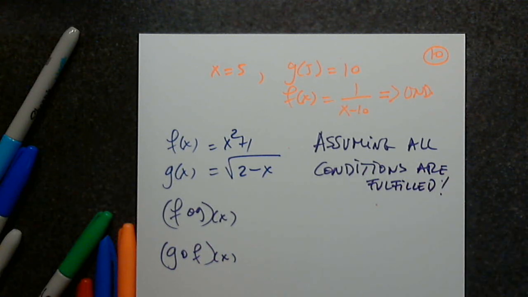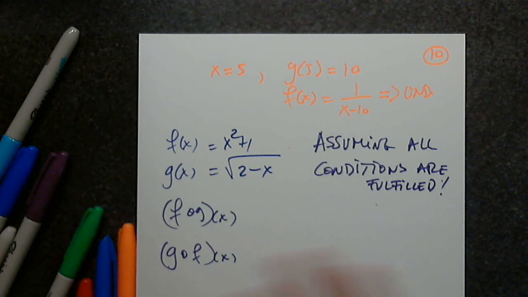By that I mean, I am not going to research whether the process can be done or not. I'm going to assume that it can be done. I'm not going to determine the domain of the function composition. It's possible that one way or the other, either f of g or g of f, is not possible. But we're not researching that. We assume that conditions are fulfilled and they exist.